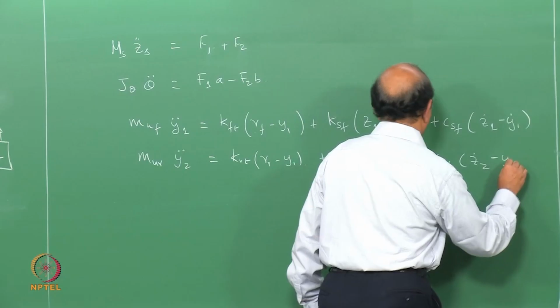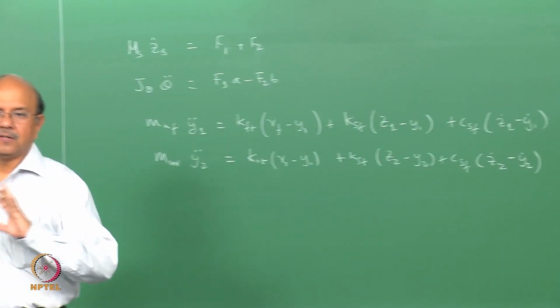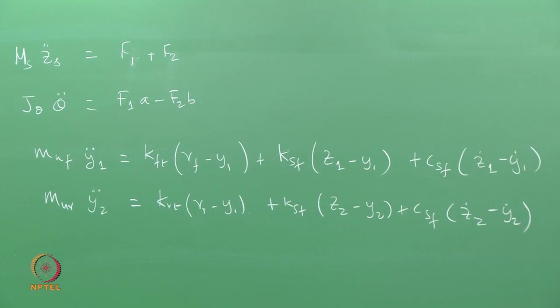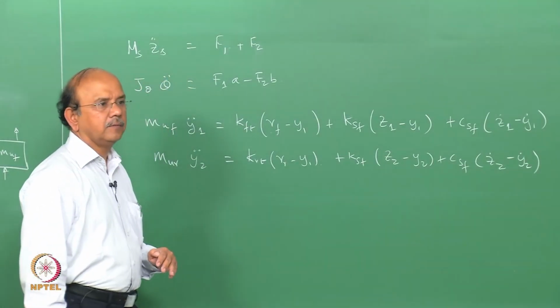I'm not going to write down or derive every step because this is algebra. I told you already that you have to work out some of the steps that you have.